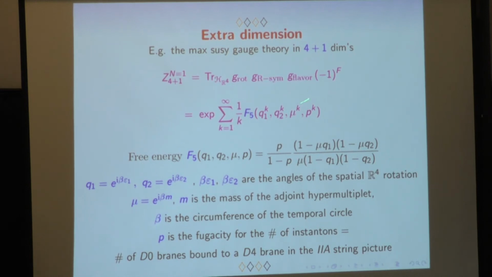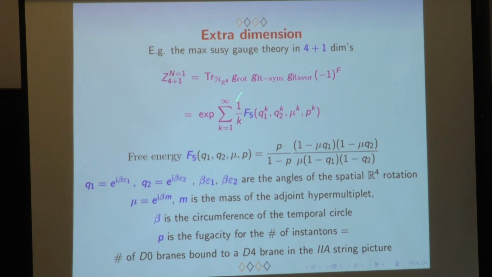We insert (-1) to the fermion number, so it's a Witten index. But we also insert certain global symmetry elements into this trace so as to make it slightly non-trivial. So it will depend on the parameters which will probe the symmetry structures of the vacua of that theory.